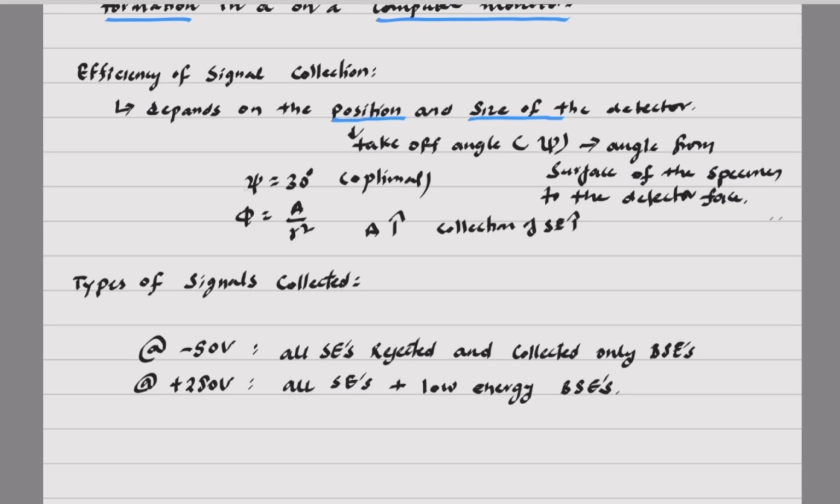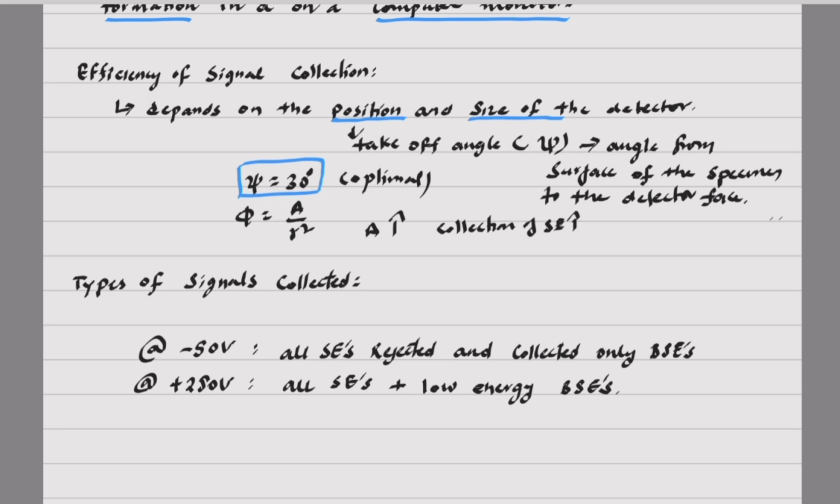Based on experiments, it was found that phi at 30 degrees is optimal for collecting secondary electrons with maximum efficiency. Further, psi depends on A, the cross sectional area of the detector, and the radius r, the length between the surface of the specimen and the detector.